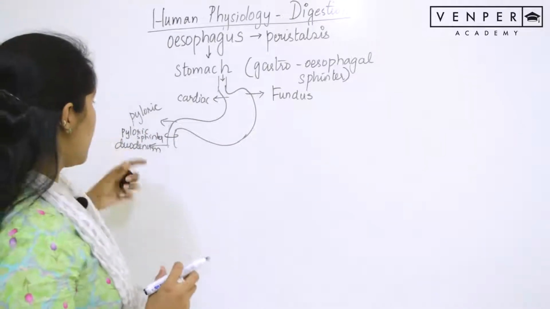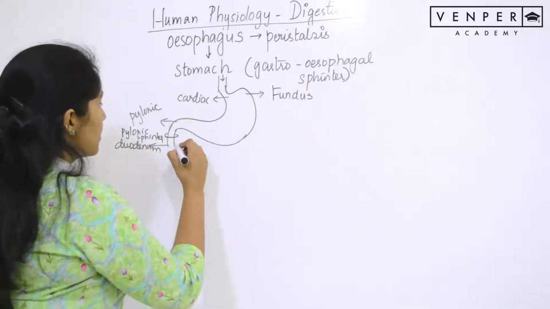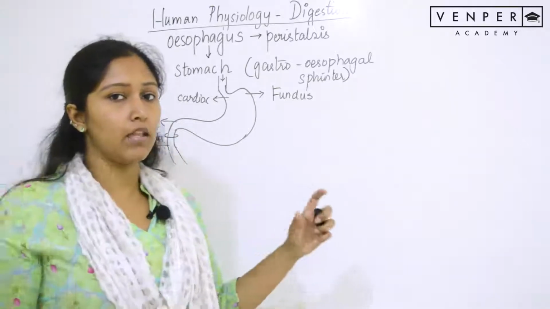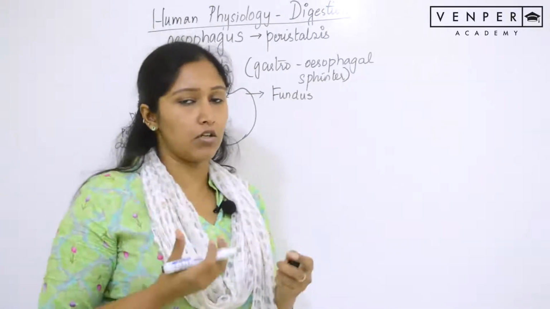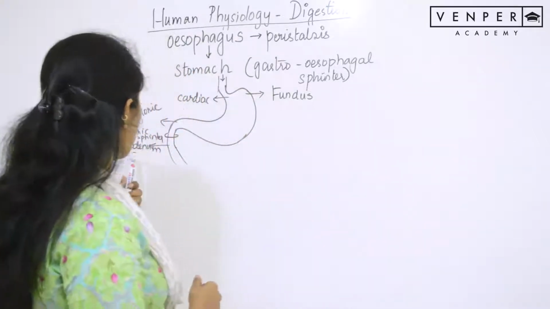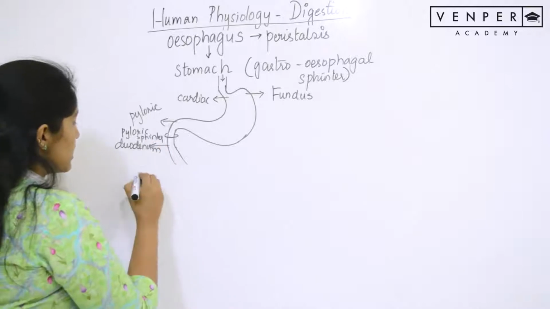After your stomach, you start with the small intestine. The small intestine is basically a length of thin, muscular, coiled tubes that help in digestion and absorption of the food.